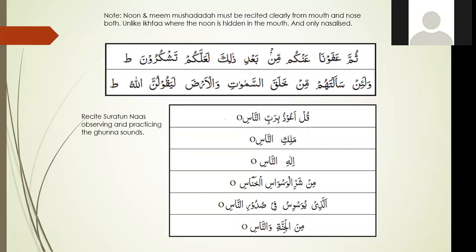Can I try, sister? Please go ahead. بسم الله الرحمن الرحيم قل أعوذ برب الناس ملك الناس إله الناس من شر الوسواس الخناس الذي يوسوس في صدور الناس من الجنة والناس. أحسنتي. بارك الله فيك.